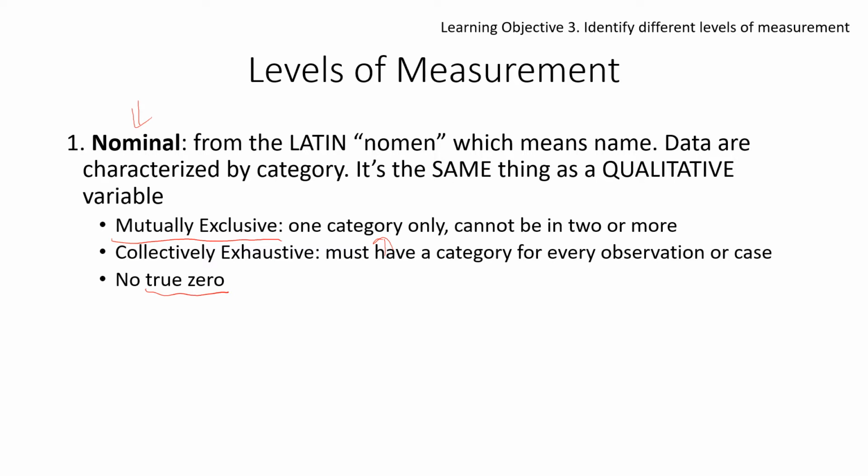A weight of 0 is the absence of weight. So that would be a true 0. When you're talking about a nominal variable, if a 0 is applied to it, it's not the absence of, so it's not a true 0. Some examples here are gender and political affiliation. So that's two different examples of nominal variables, or even biological sex. You've got these different categories.